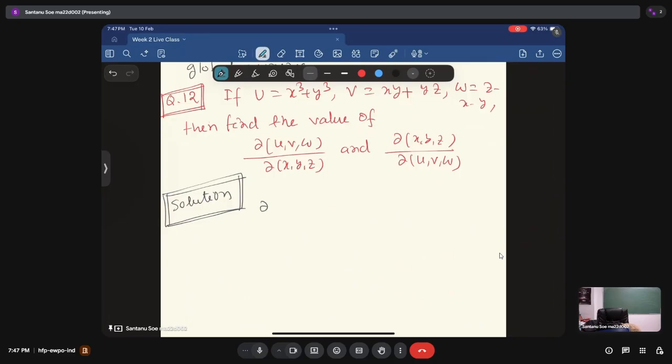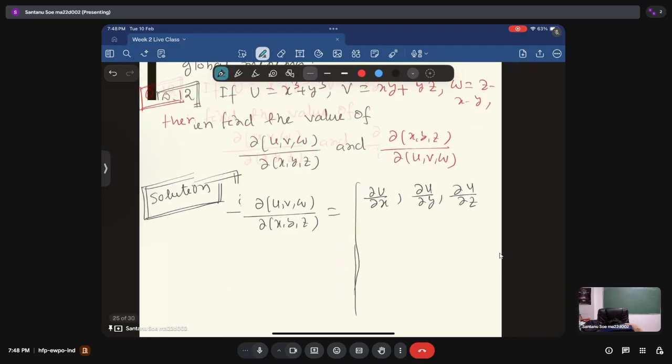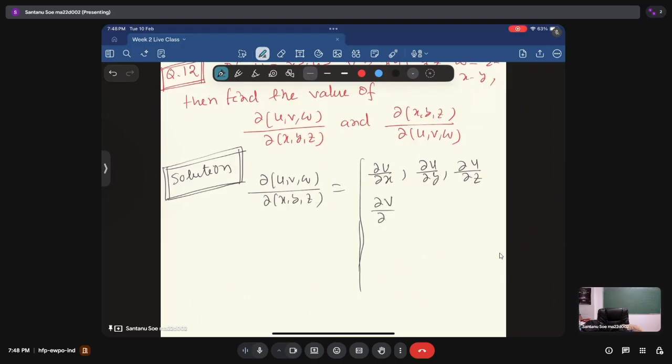So del(u,v,w) divided by del(x,y,z) is going to be the matrix of del u del x, del u del y, and del u del z; similarly del v del x, del v del y, del v del z; and del w del x, del w del y, and del w del z.